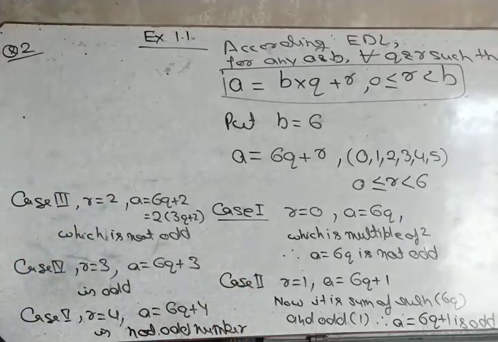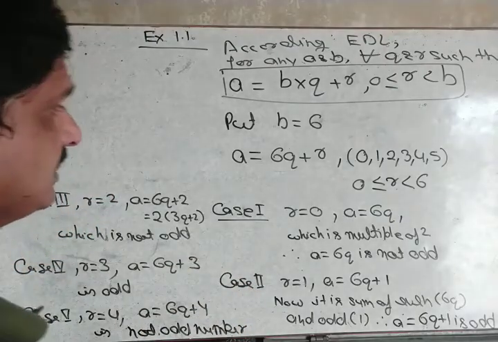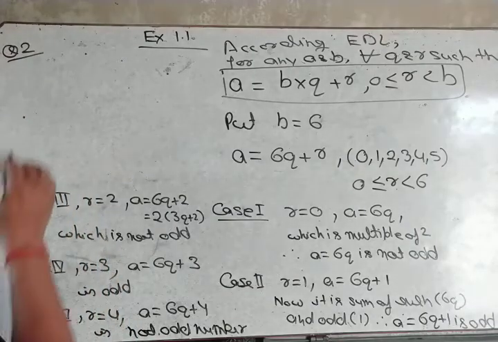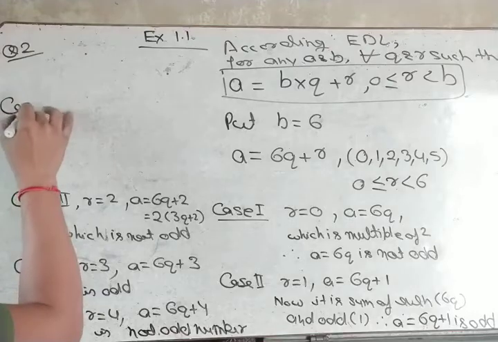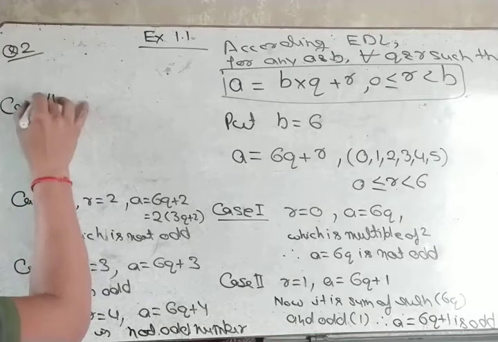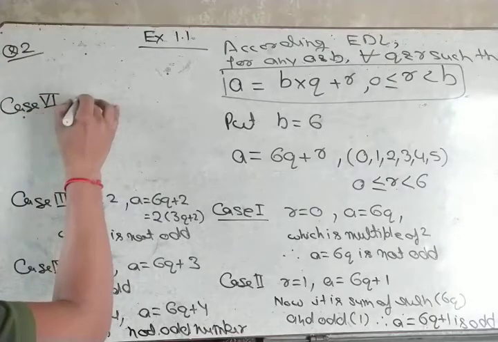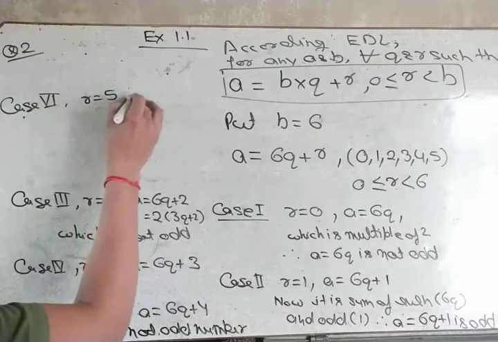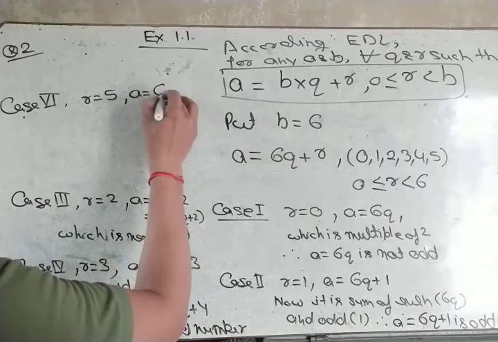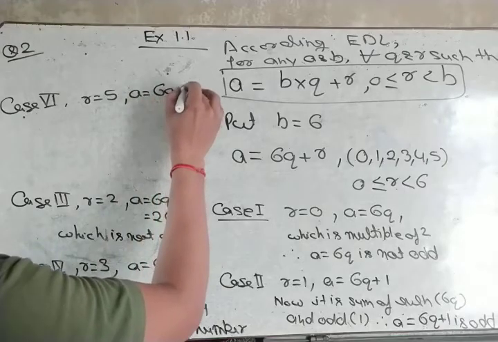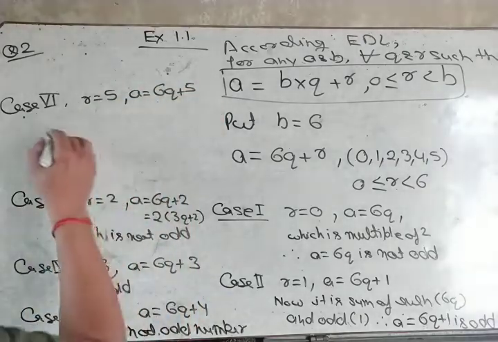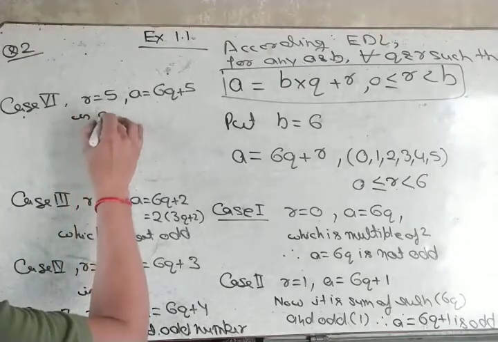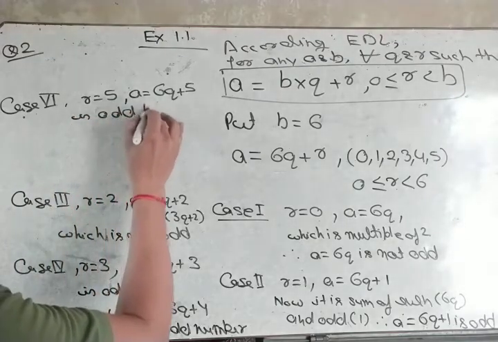Now case 6, r is equal to 5, then a is equal to 6q plus 5. Again, it is a sum of even and odd number, so it is an odd number.